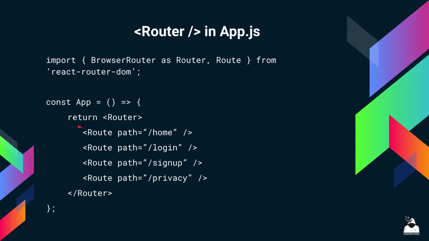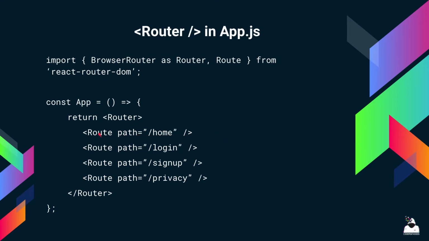In that router, we have one route where the path is /home, another route where the path is /login, and so on. Here they are ended straight away, but normally you would have what to render after that path is matched.